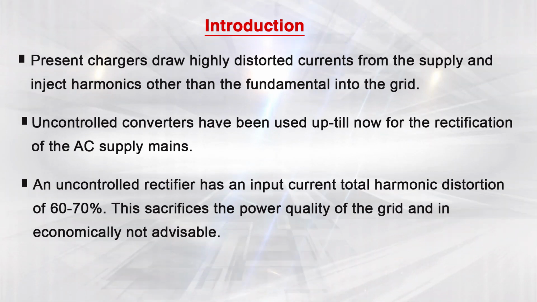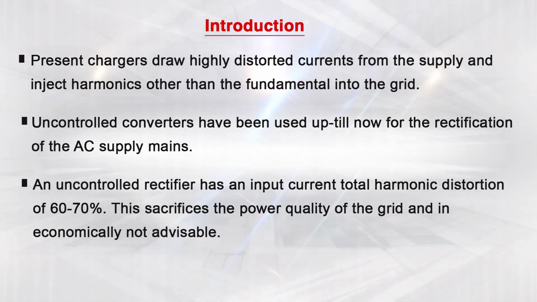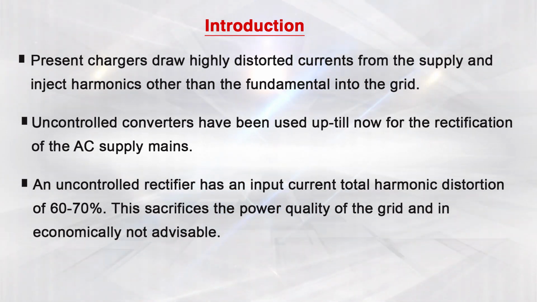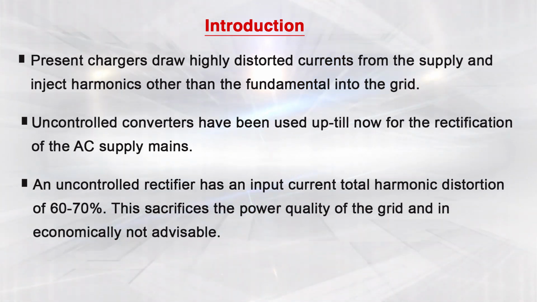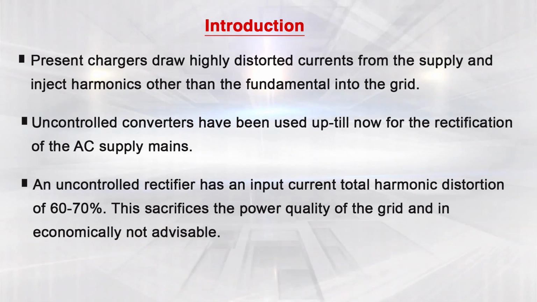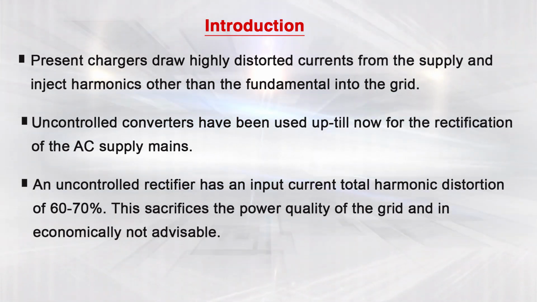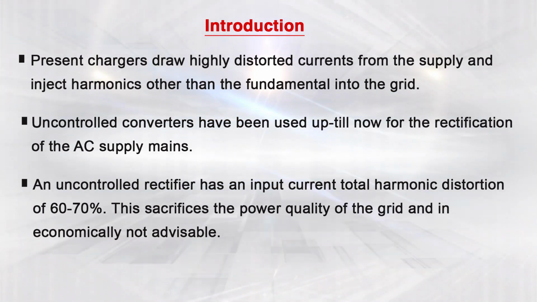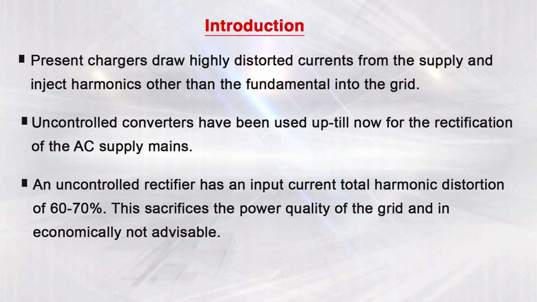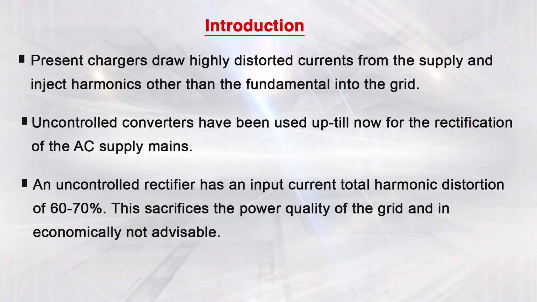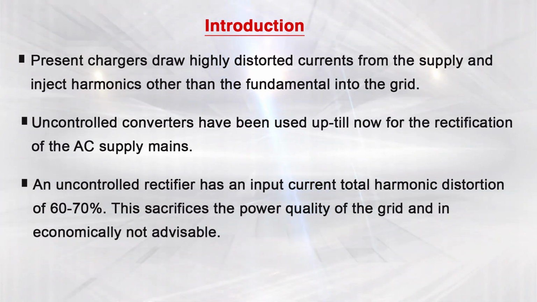The uncontrolled converter has been used up till now for the rectification of AC supply mains, but nowadays people are going for a bidirectional charger and they are using controlled devices. So, apart from conversion of DC to AC as well as AC to DC, they can address the power factor correction.